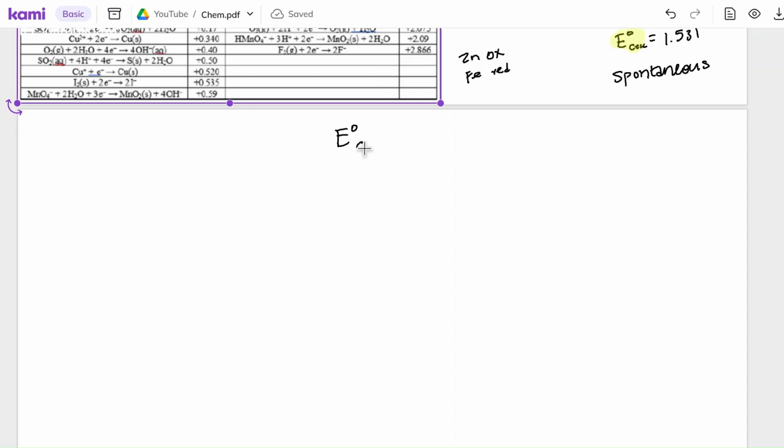E cell is equal to the standard reduction potential of the cathode minus the standard reduction potential of the anode.